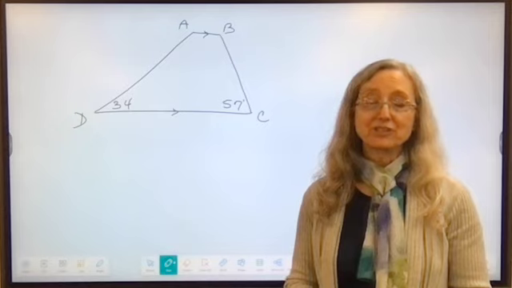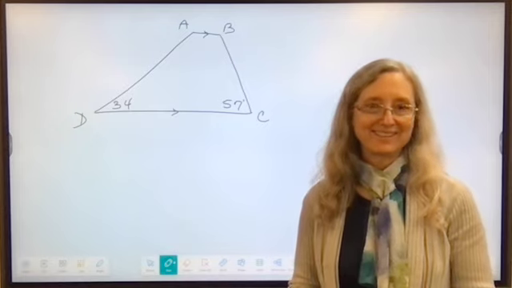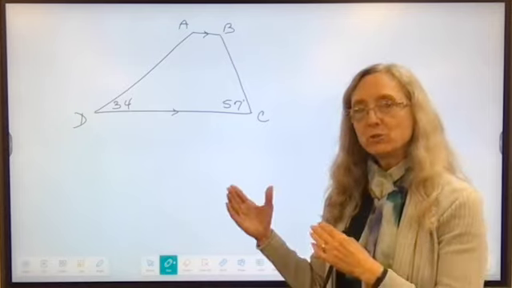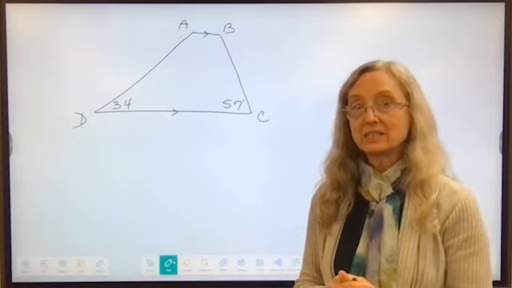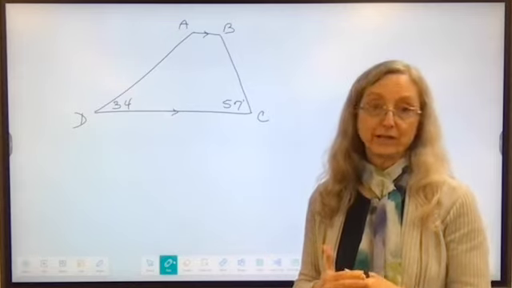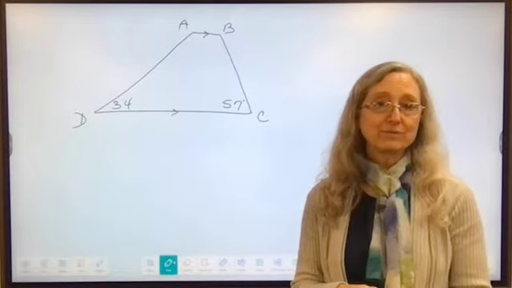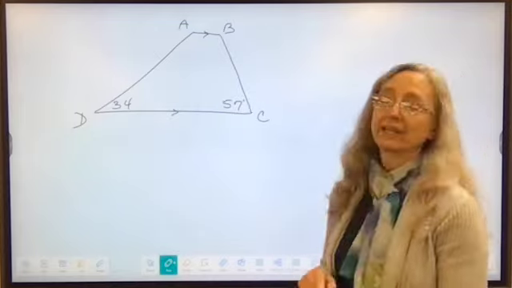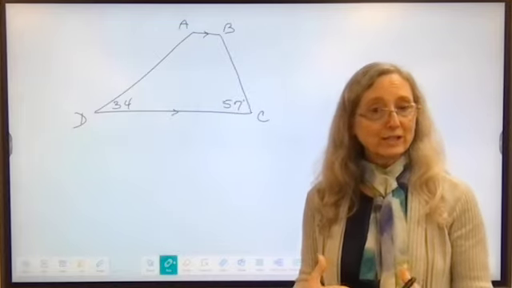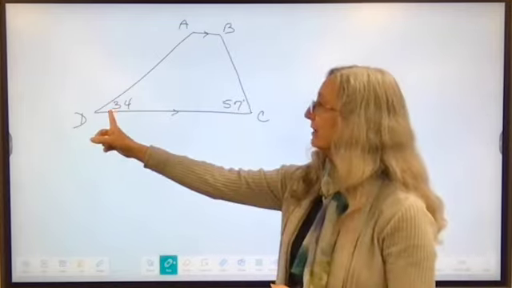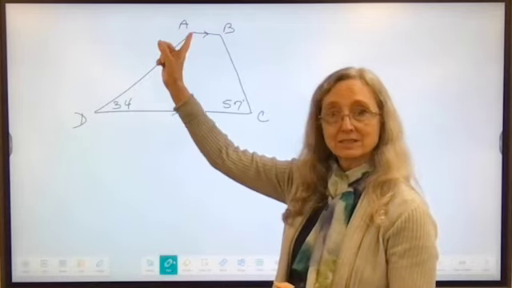Here's a rough sketch of another trapezoid that is not isosceles. If you are asked to find the missing two angles, could you find them? We're given that angle D is 34 degrees and angle C is 57 degrees, but what's angle A and angle B? The way to do that is just to remember that these will always be supplementary.